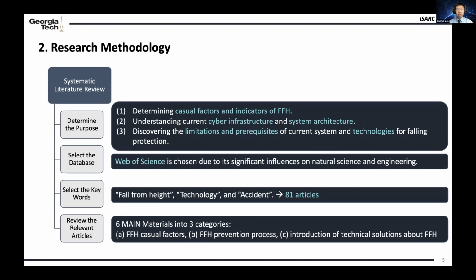As a result, there are 81 articles that are chosen because of their importance, citation, and relevance. The final part is to review the relevant articles, and all the articles are categorized into 3 subcategories: the FFH causal factors, the FFH prevention process, and the introduction of technological solutions about FFH.